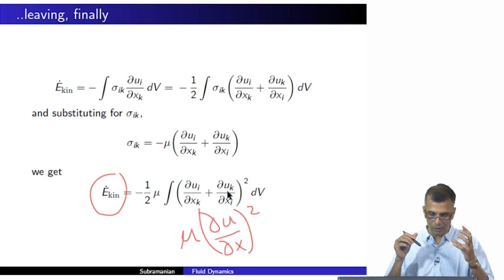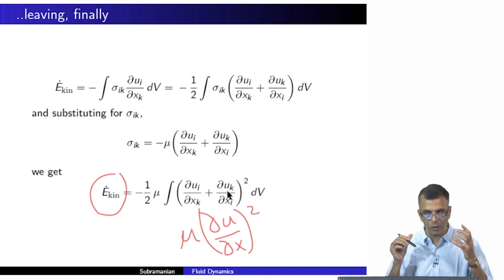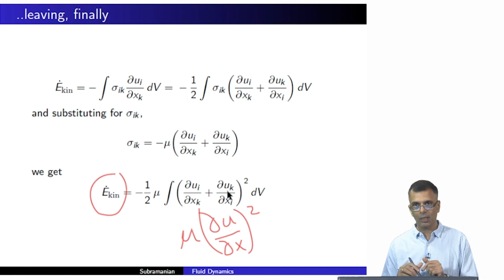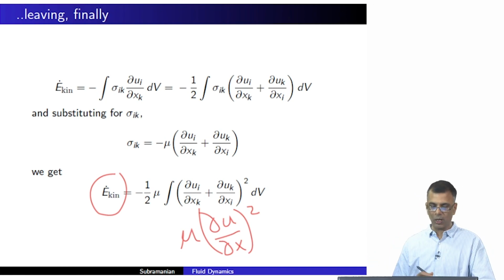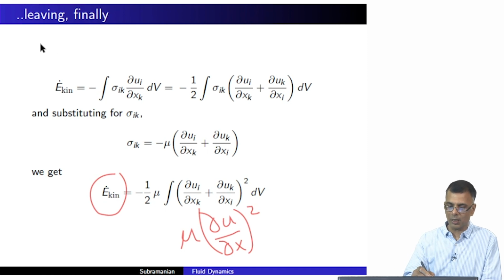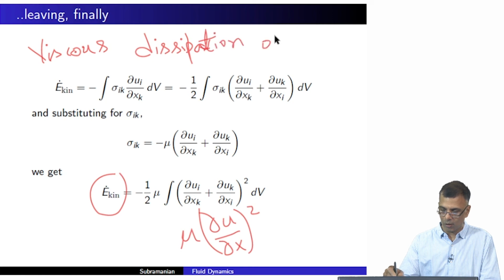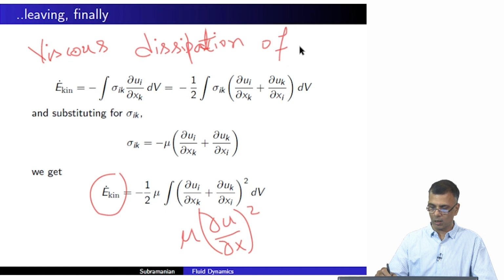And so, if you're considering only inviscid fluids, then there's no dissipation at all. The introduction of viscosity results in dissipation. So the bottom line of all of this is that this expresses viscous dissipation of kinetic energy.